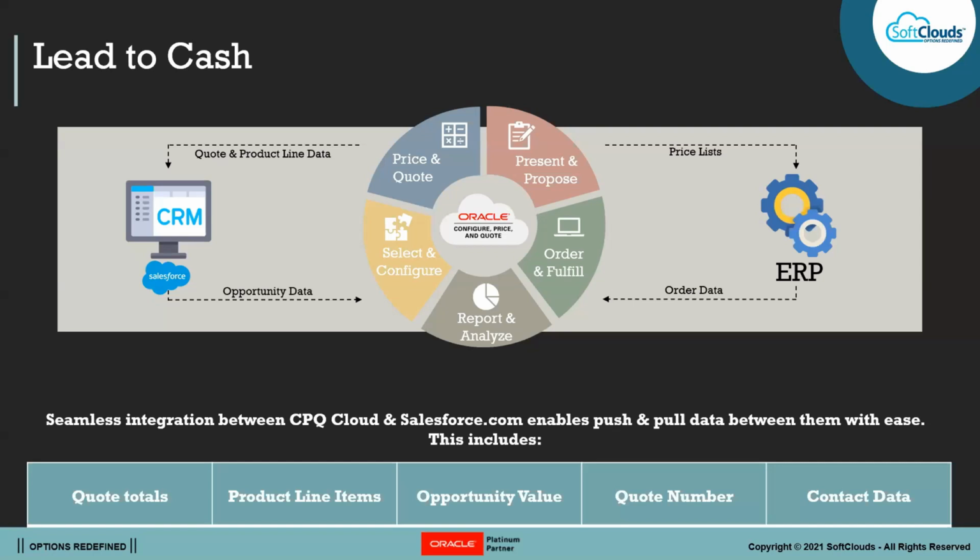They can be pushed to ERP to find out if there's the materials available. When the quote becomes an order, it can go into the ERP system for configuration and processing. And on the front side, it allows for the CRM system to be able to track the process of how that lead or opportunity becomes an actual customer with a quote and a contract.